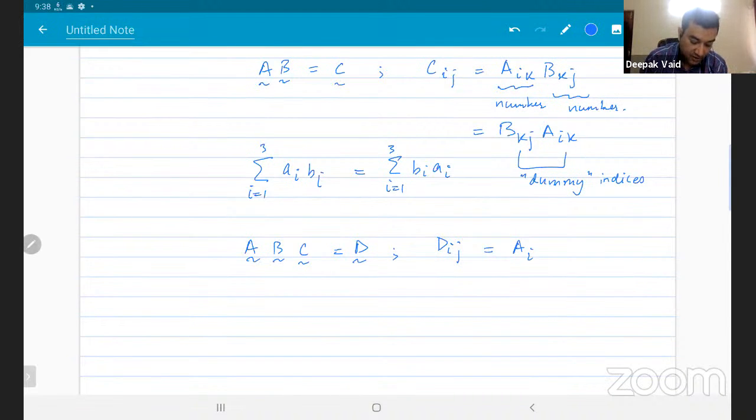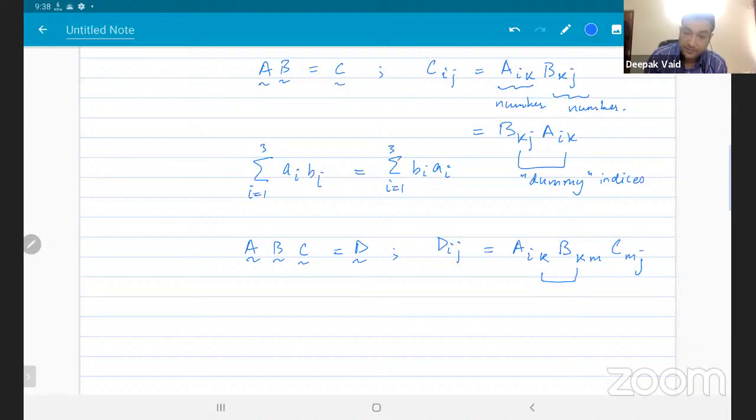So now here I have to multiply A with B with C. So I need two dummy indices. So let me use k, Aik, then Bkm, and then C times Cmj. So what is happening here?